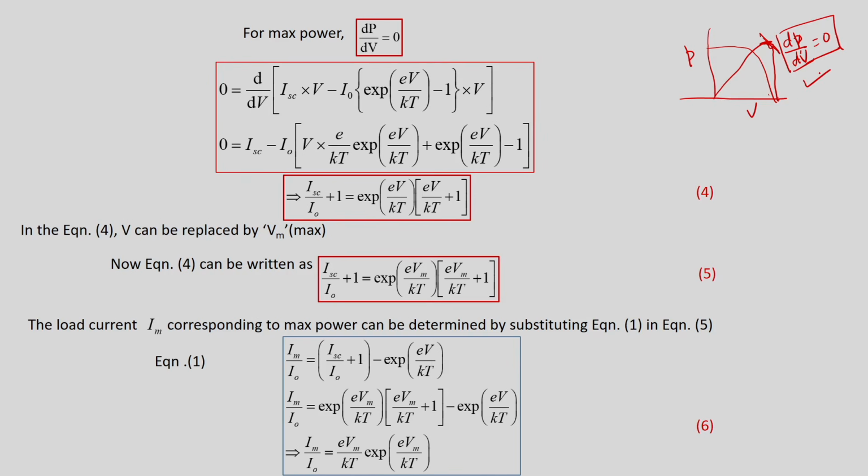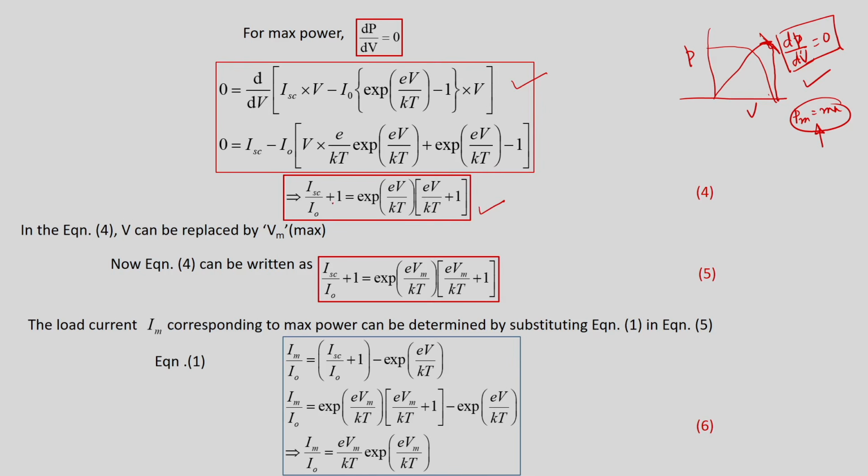Under those conditions, what we get we will call Pmax. If we know these values, then we can calculate Pmax. If we use the expression developed in the last slides and differentiate with respect to voltage, multiplying with voltage and then differentiating, finally the expression will be something like this.